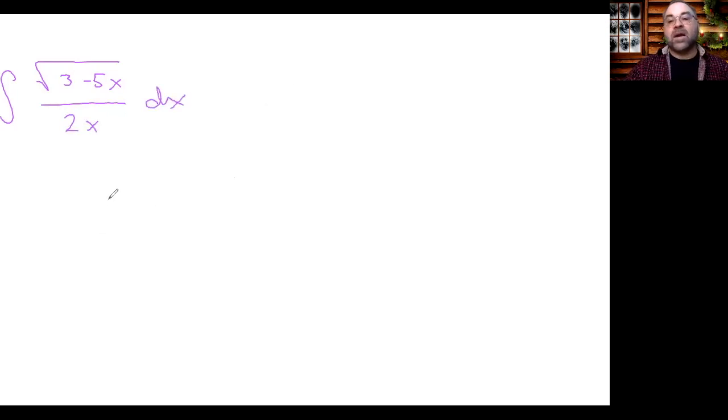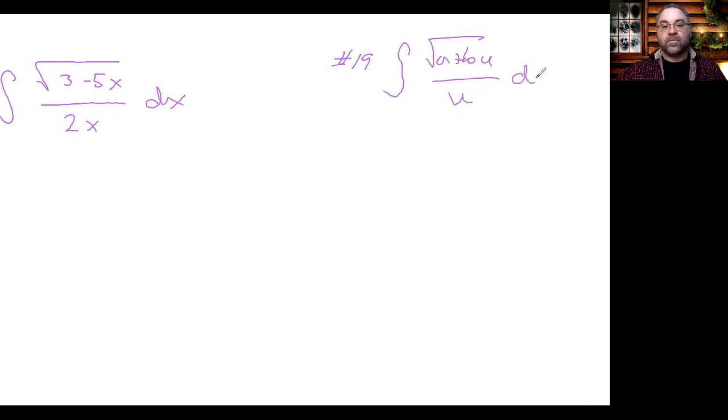What I mean by a reduction formula is, if you look at formula 19, you'll see that it says the integral of the root of a plus bu over u du is equal to another integral.